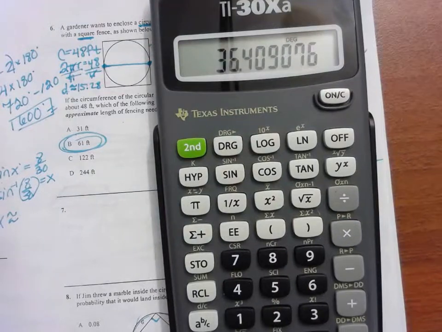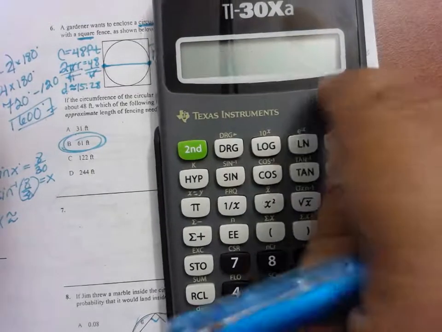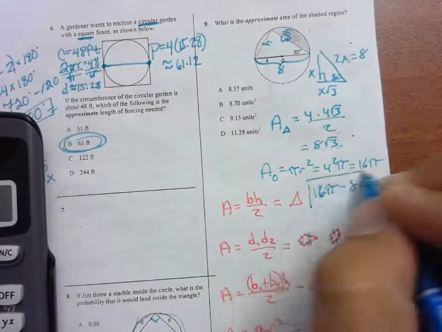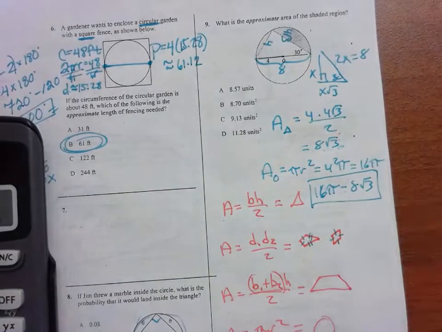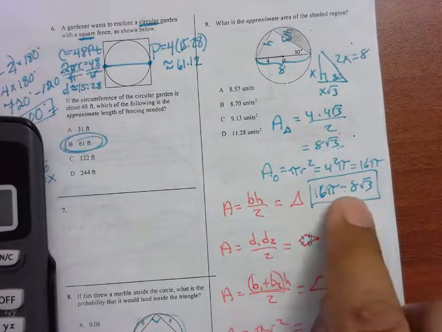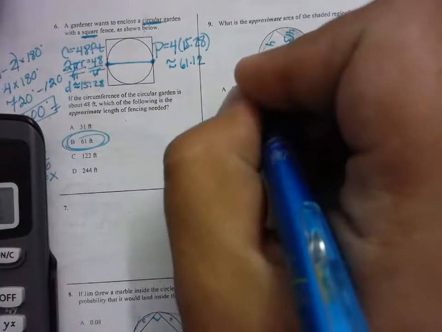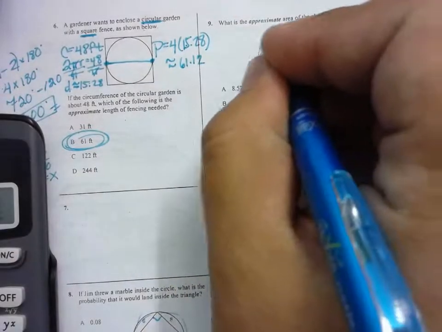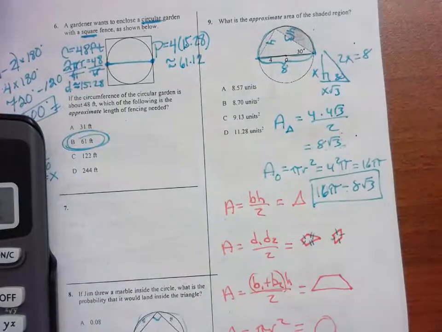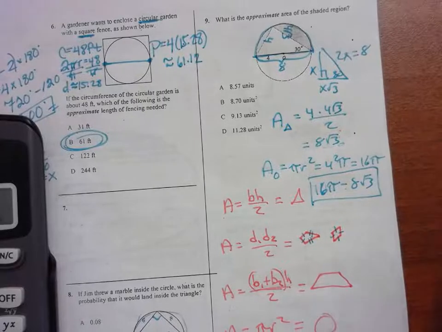There you go. The area of the circle minus the area of the triangle. Oh, you know what? I wish you had told me about the parentheses before. I would have been using that. I just figured that out literally when I told it to you. Okay. I don't use parentheses.